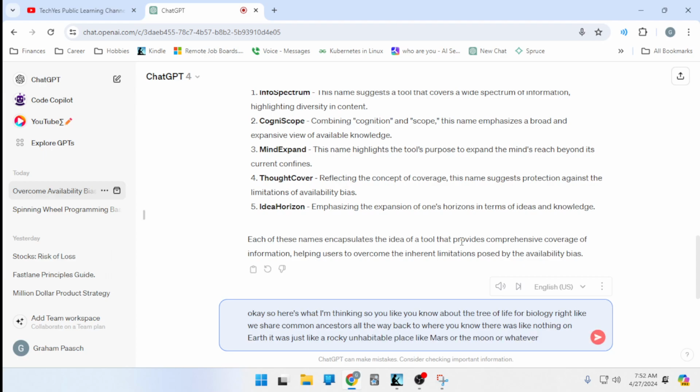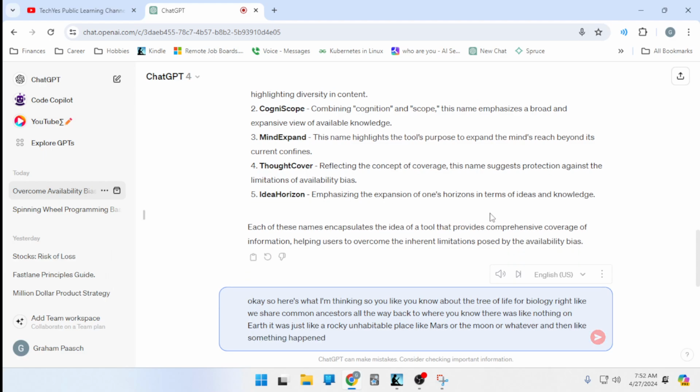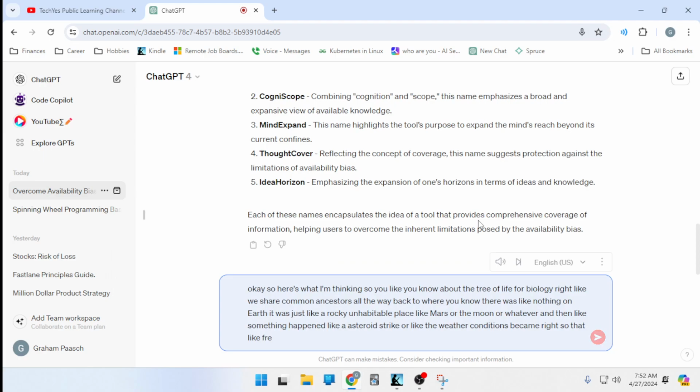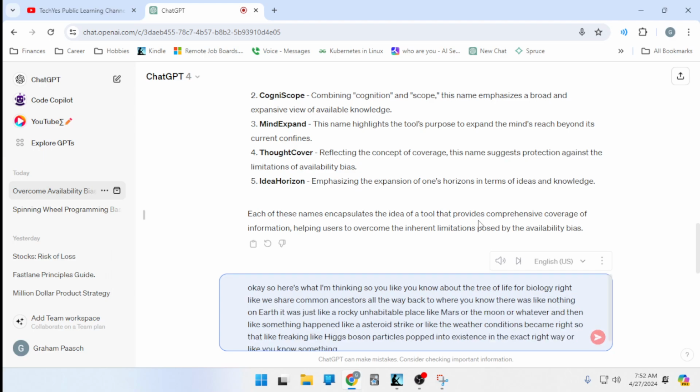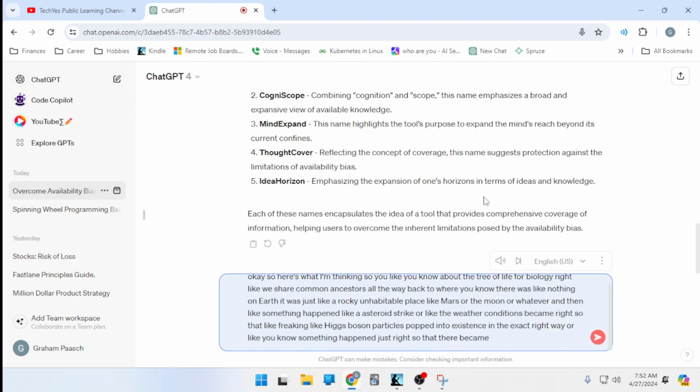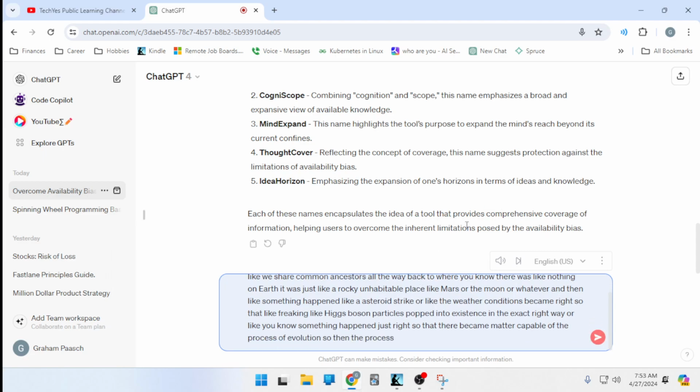And then something happened, like an asteroid strike, or the weather conditions became right, or something happened just right so that there became matter capable of the process of evolution. So then the process of evolution happened in the tree of life. The tree of life shows this process of evolution. It shows how that happened.